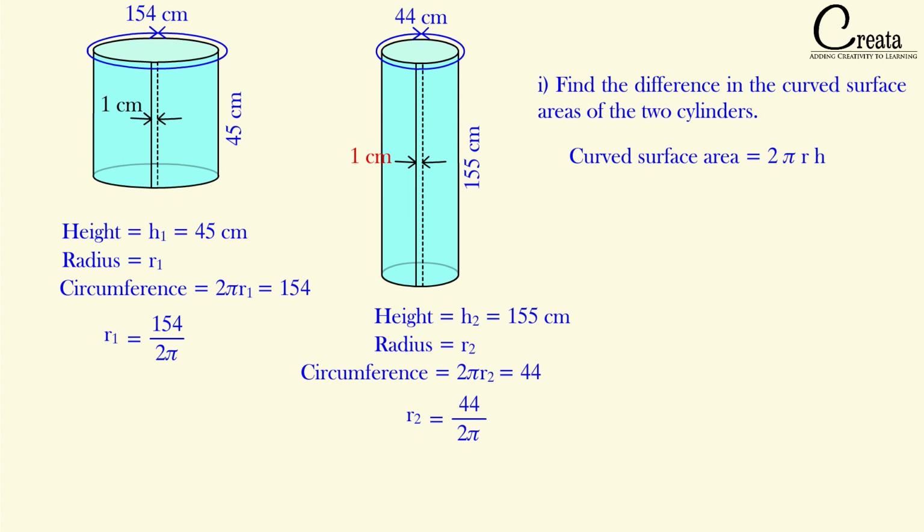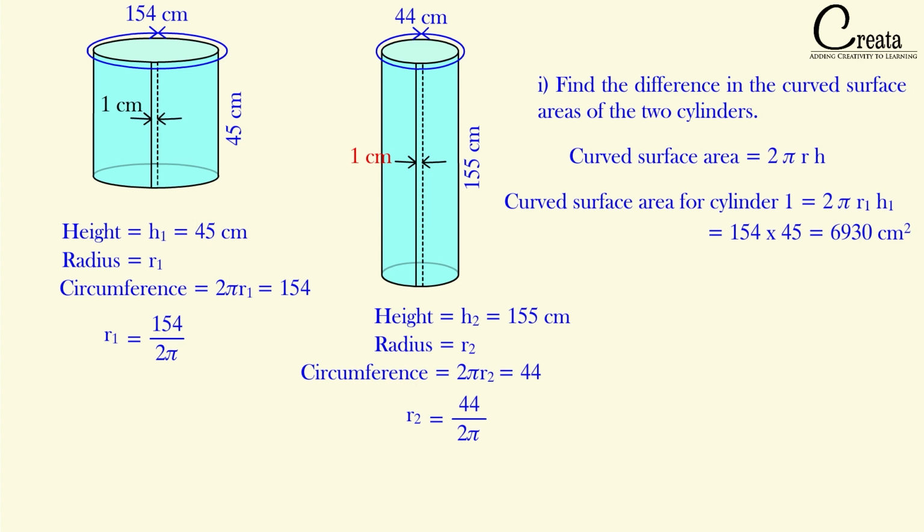The curved surface area for the first cylinder will be 2 pi r1 h1, where r1 is the radius and h1 is the height. And 2 pi r is the circumference, which is 154 centimeter. Let's put it into the formula. Here the height is 45. On solving, we got the surface area of the first cylinder as 6930.